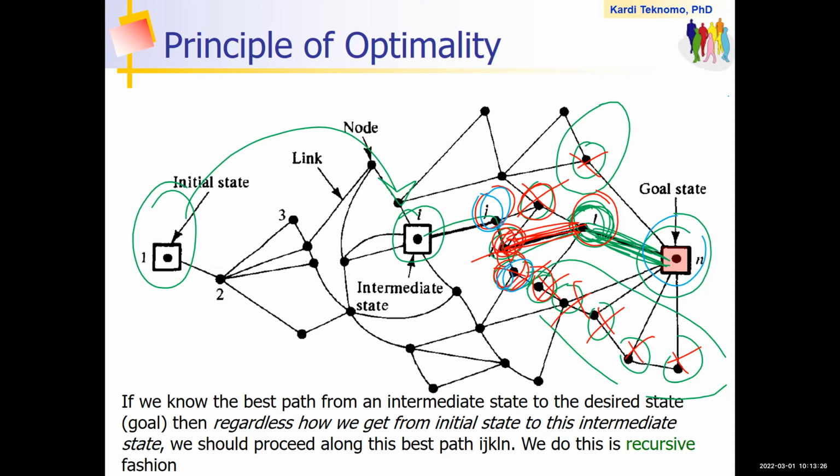If you know the best path from the intermediate state to the goal state is already optimal, then regardless of how you get from the initial state to this intermediate state, you should proceed along this best path. Okay, is it clear or not?